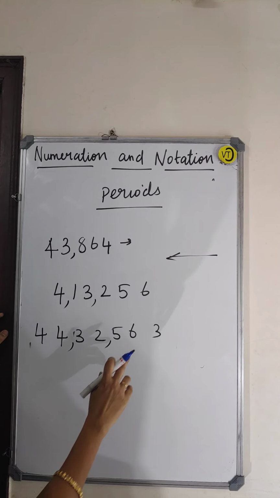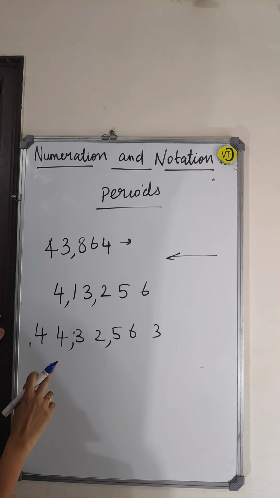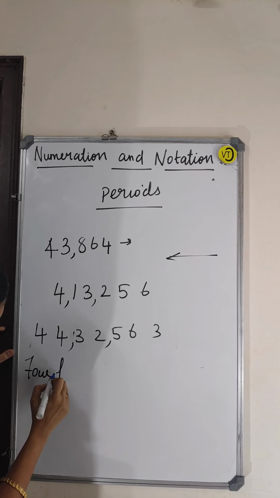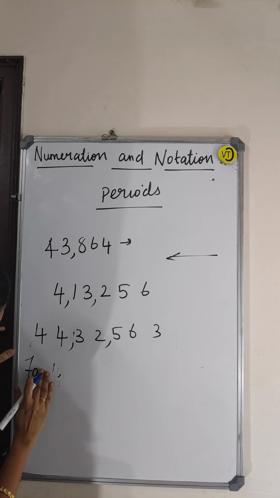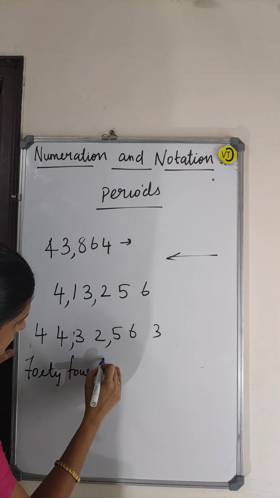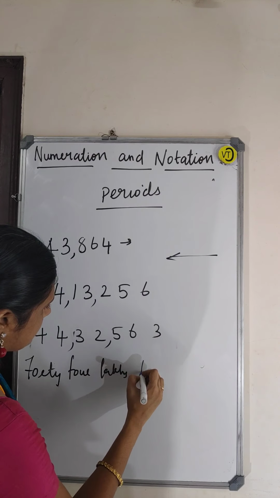This number? Ones, tens, 100, 1000, 10,000, lakhs, 10 lakhs. Okay. 44 lakhs. I will write this one. Okay. 44 lakhs.